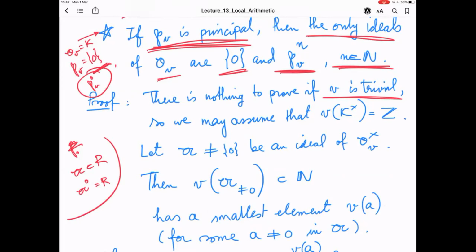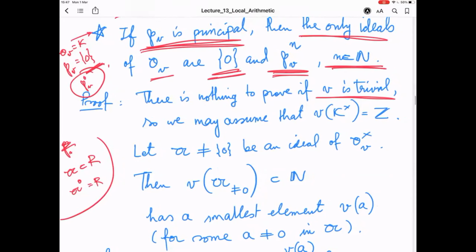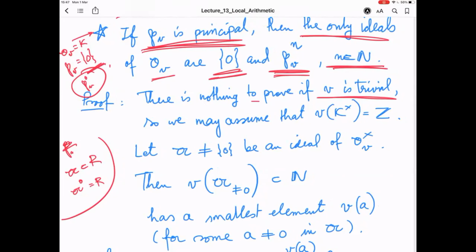Anyway, let's come back to the proof. I have to show that the only ideals are the zero ideal and the powers of P_v. If the valuation v is trivial, then there's nothing to prove. So we may assume that v(K*) is equal to Z. Why may we assume this?